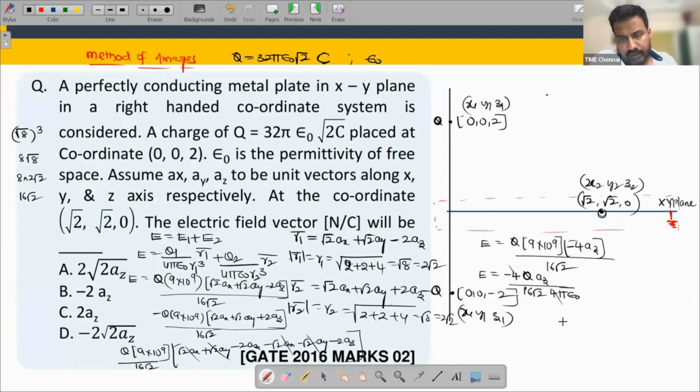So this is minus q az by 16 root 2 pi epsilon naught. Q is 32 pi epsilon naught root 2, so minus 32 pi epsilon naught root 2 by 16 pi epsilon naught root 2 az.